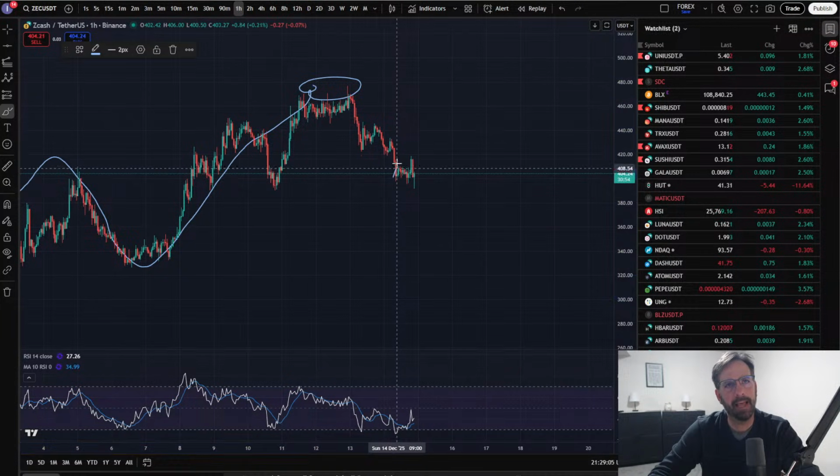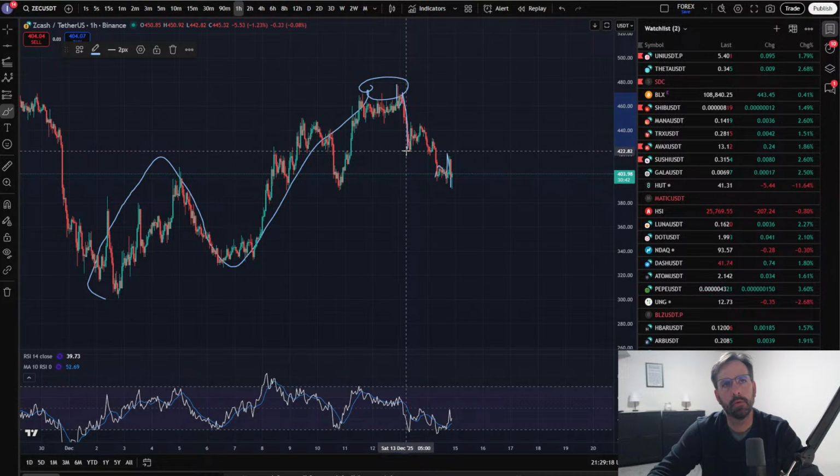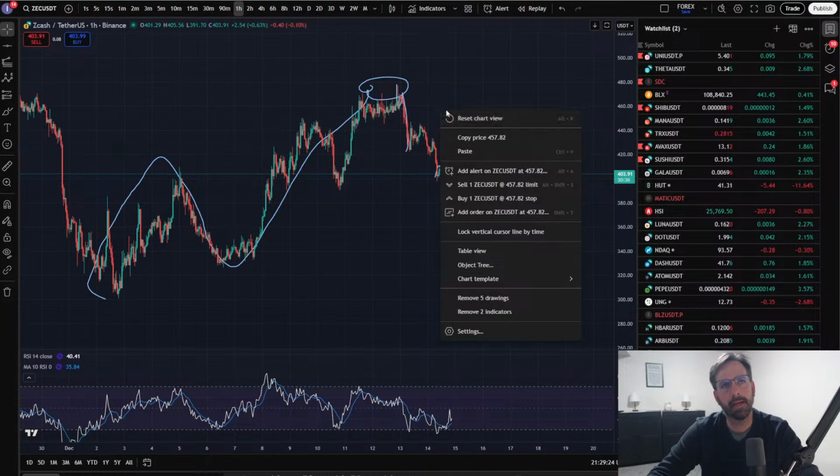That looks like a flat. And then we hit the low. One, 2, 3. Man, I can't count that.